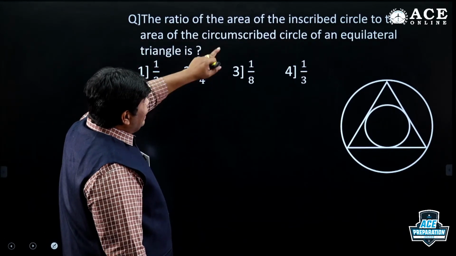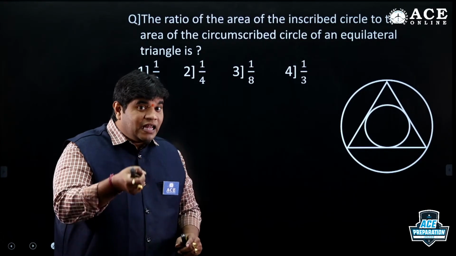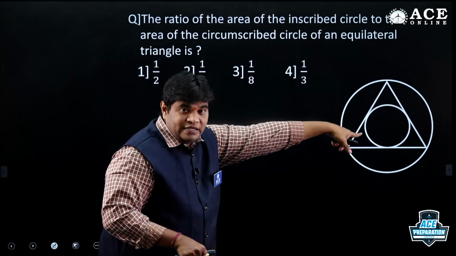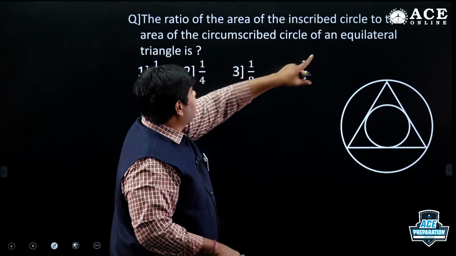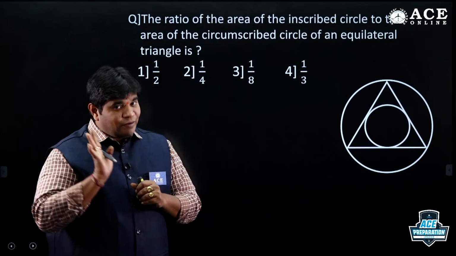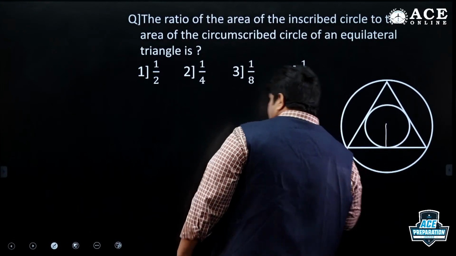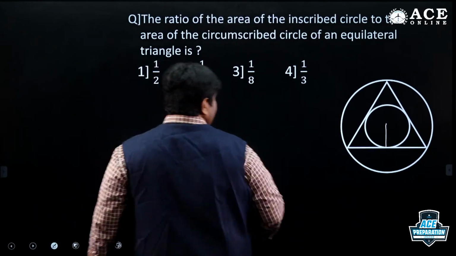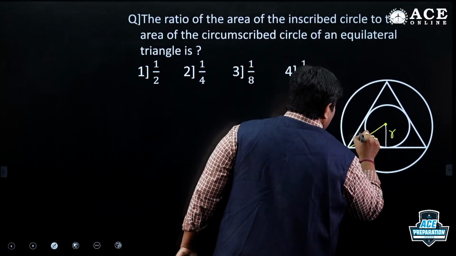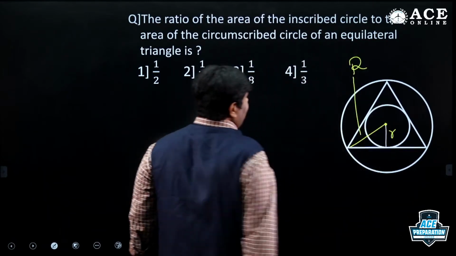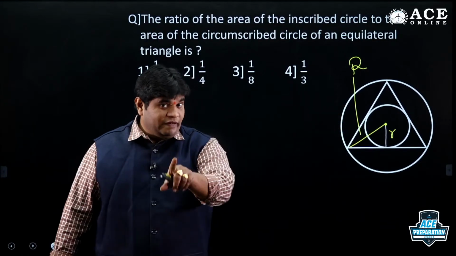The ratio of the area of the inscribed circle, the inside circle, to the area of the circumscribed circle of an equilateral triangle is. That is the problem, friends. So the inside circle has small r radius, and this is capital R. So the small circle area and outer circle area ratio is the requirement.